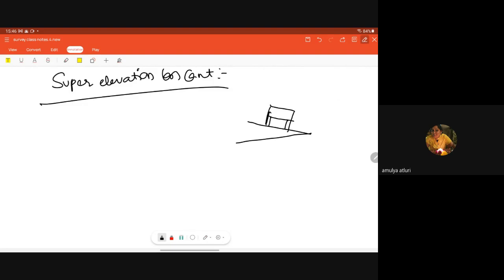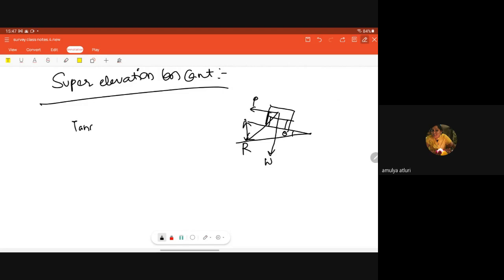So let's take this as a vehicle traversing a sloped ground. This is the way it will act, always normal, and this is the P, and this is your normal reaction. Then we need to calculate the height, or elevation, it is to be raised.